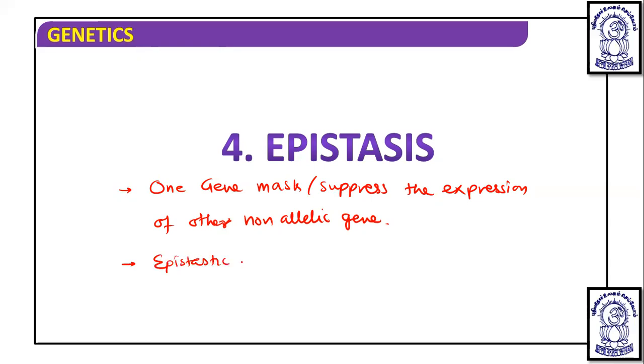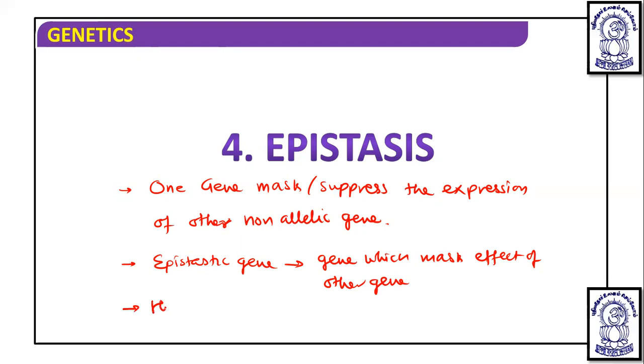So the epistatic gene is the gene which masks the effect of another gene, and the gene whose effect is being masked is known as the hypostatic gene.